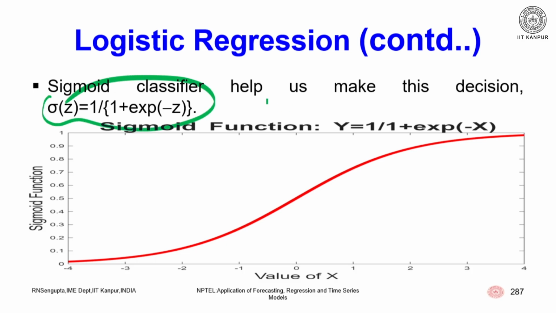The function is well known, 1 over 1 plus e to the power minus z, where z is the function which you are going to take. I plot it with the value of x on the x axis and the value of the sigmoid function, y, on the y axis, and the values of x are from minus 4 to plus 4.